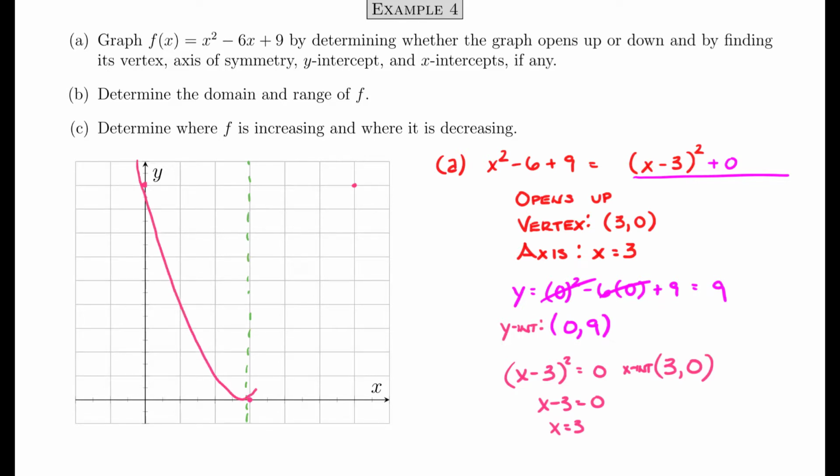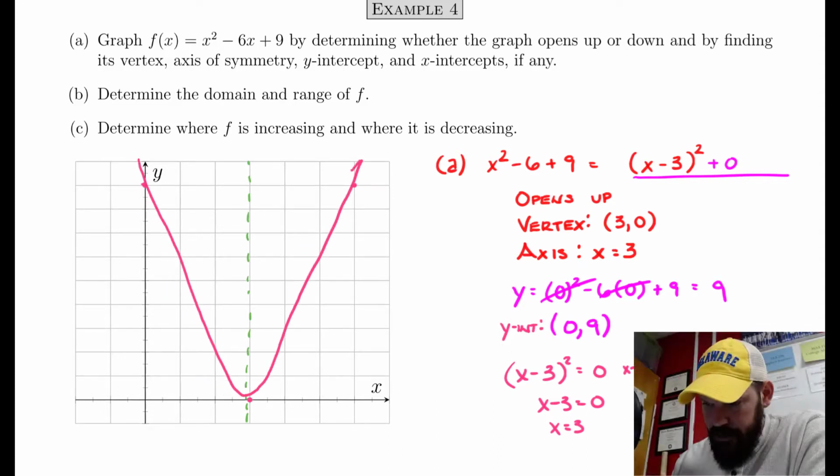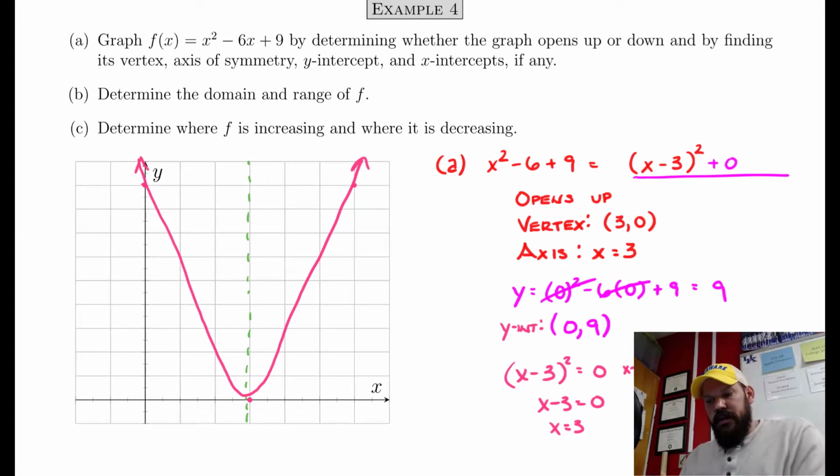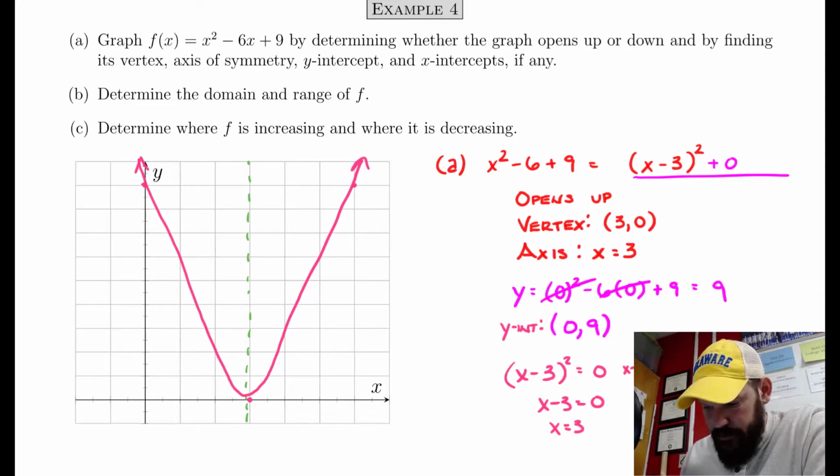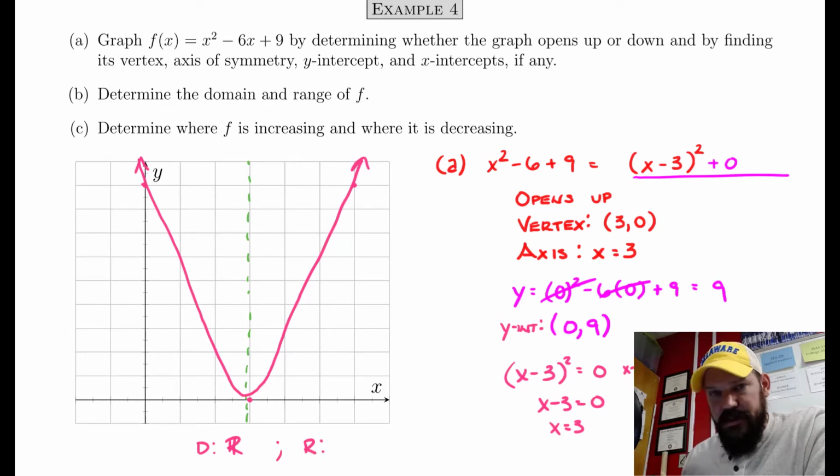If I can draw this, oh, that's terrible. That's not much better, but you get the idea. Looks like a weird absolute value. Quadratic had a baby. But that is the graph. It does open up. And the domain, we've already discussed domain, all real numbers. The range, this graph opens up.